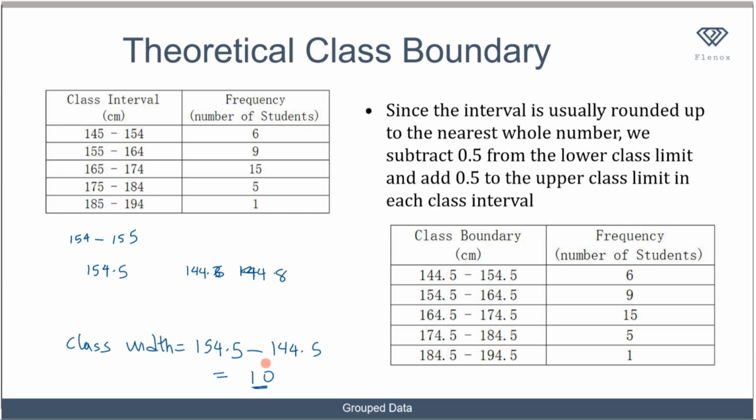You should take note, the class width is not the difference between the class interval, it's the difference between the class boundary. Because if I subtract the interval, I would have gotten 9. So you should take note to always convert to the class boundary before you subtract to get the class width. So this pretty much sums up the idea of grouped data. So let's now look at how we apply this when we're talking about histogram.